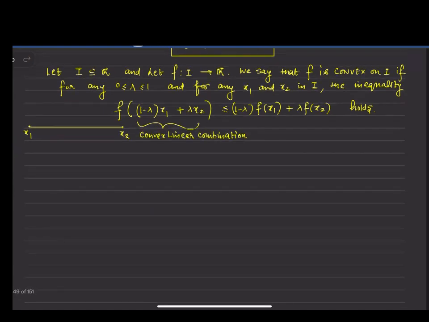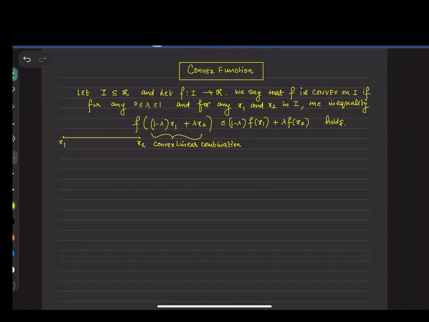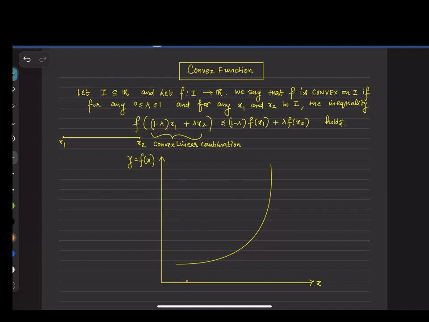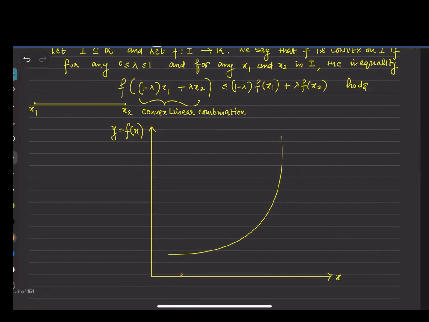So what this convex function says is, geometrically we can see, let's say I have the x-axis and I have the y-axis on which I graph the function. So the graph of a convex function is roughly this shape. Why? Suppose you have a point x1 there, and let's say this point is x2.